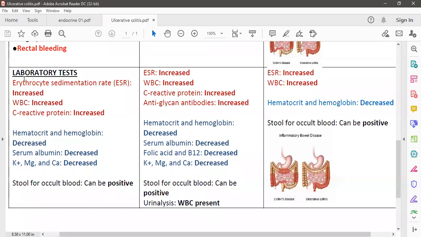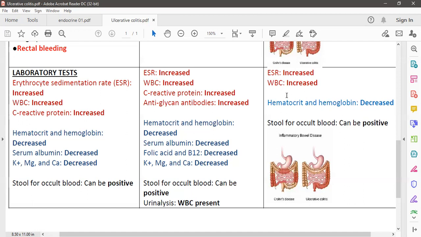In case of ulcerative colitis, ESR increases, WBC increases, C-reactive protein increases. Same as in case of Crohn disease: ESR increases, WBC increases, C-reactive protein increases. So when patient has an infection or inflammation, WBC always increases. Because of inflammation, C-reactive protein increases as well. ESR increases. In case of diverticulitis, ESR increases, WBC increases.